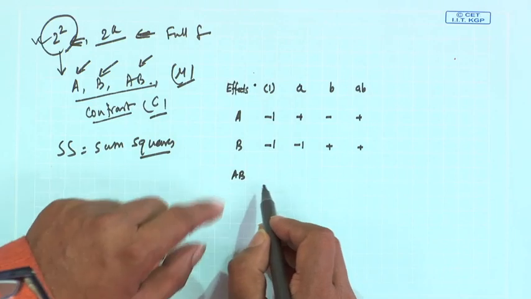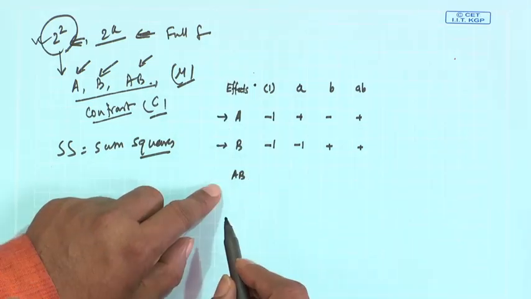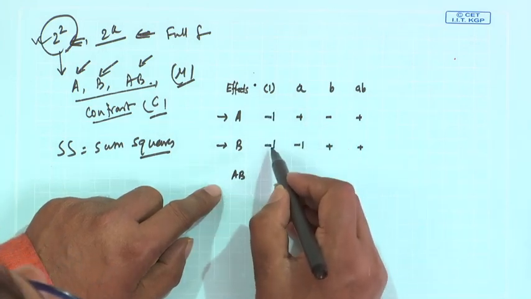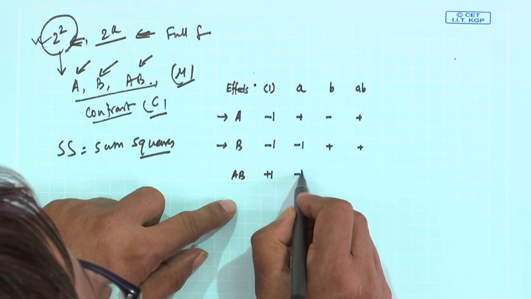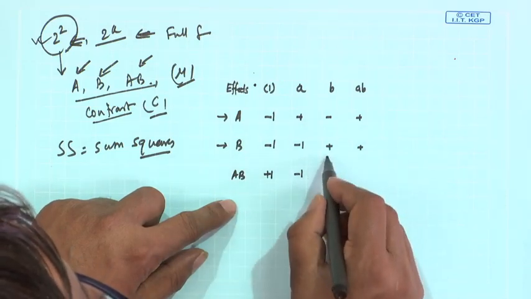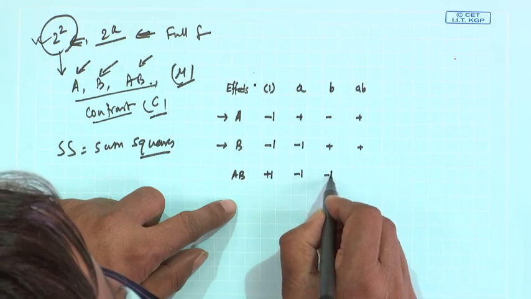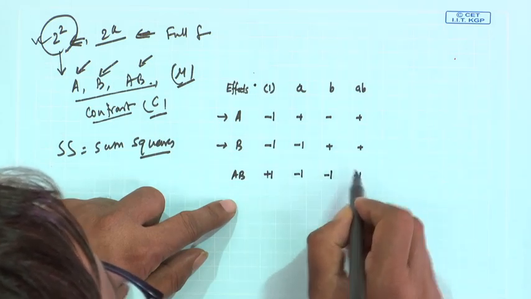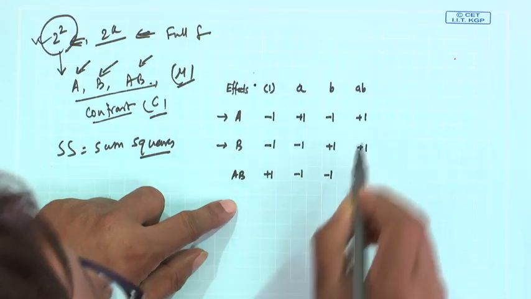Now, if I want AB, you multiply this row with this row. Multiplying minus into minus, this will be plus 1, this will be minus 1, this will be minus 1 and this will be plus 1. So, you write here 1, here 1, here 1.